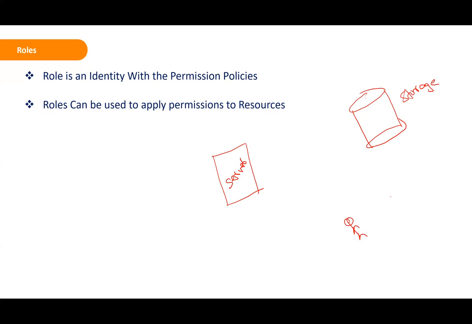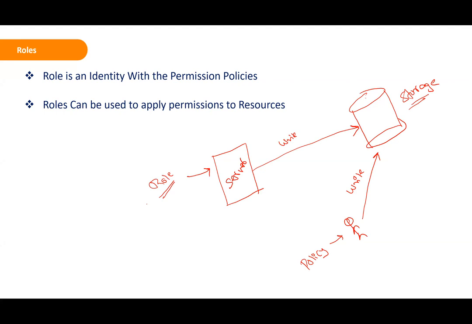If you would like to allow this user to store some files on the storage, then this user requires write permission, right? That permission can be provided using the concept called policy. If you would like to allow the server to have permissions like write permissions to create the files on the storage, the same permissions can be applied to the server using the concept called roles.